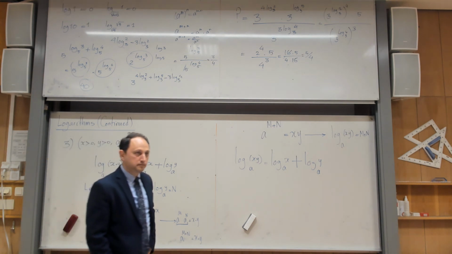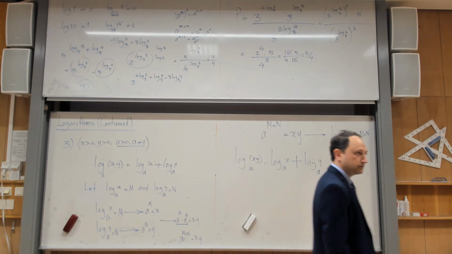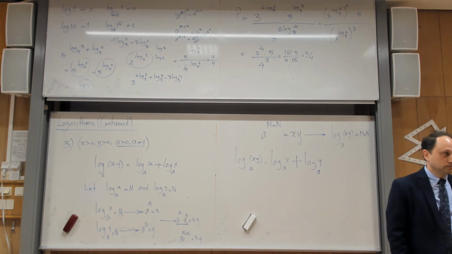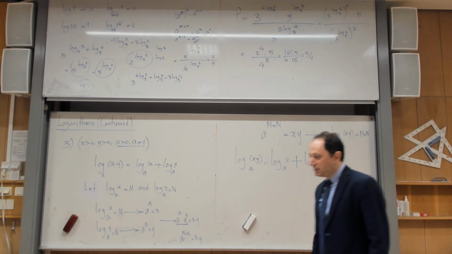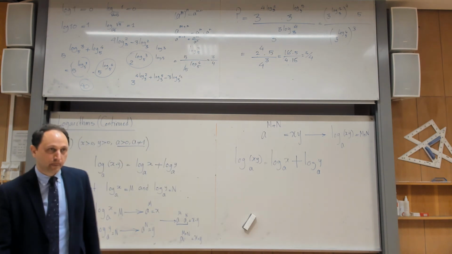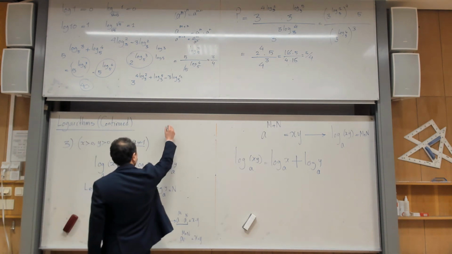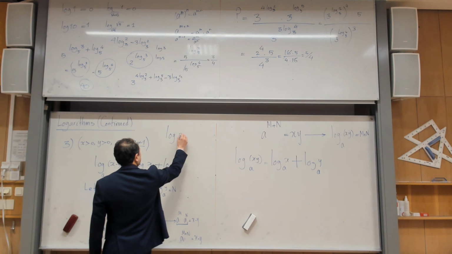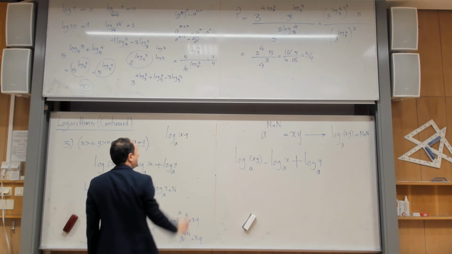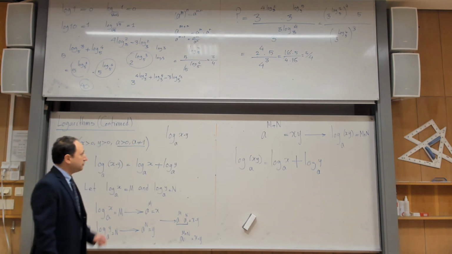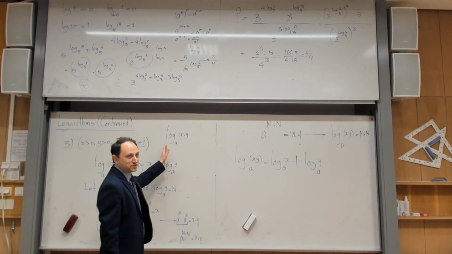Yes? If there's no bracket, so it's just log in base A, x times y? No, you should avoid this. Don't do that. If you write something like this, I would say it's really sloppy language, because no one can understand what is going on.